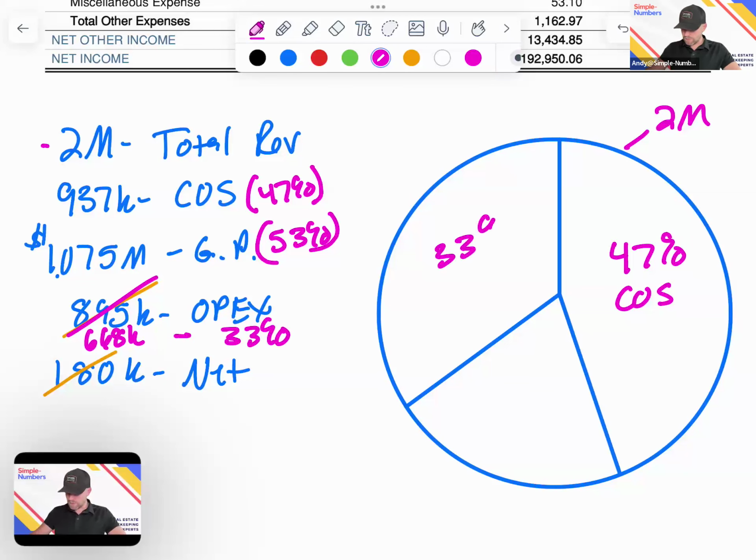So 33% operating expenses. And that left us with a net, not of 180, but we have to add the salary back in there as well. And when we do, they really made $407,000 in net profit and owner pay, which is 20%.